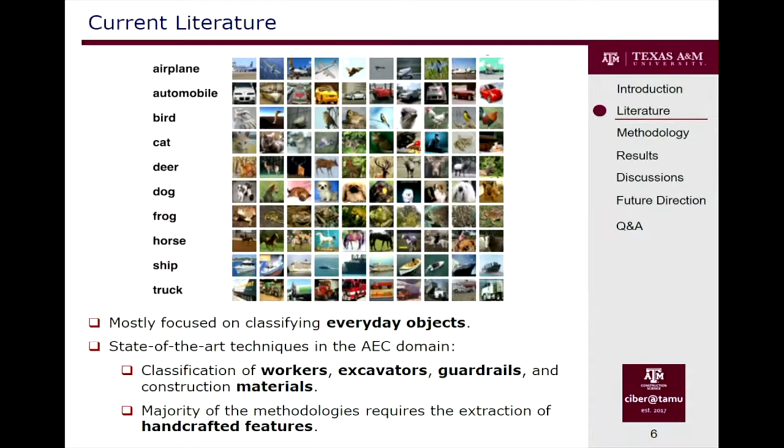Despite that, most of the current literature talks about everyday objects like cats, dogs, horses, frogs. Those are not really relevant to construction. In construction, there is a limited amount of work, if any, that deals with this problem. There is some work, however, in which people have tried to tag workers, excavators, guardrails. Most of them use traditional machine learning, which requires features to be handcrafted, selected, ranked, and then used.